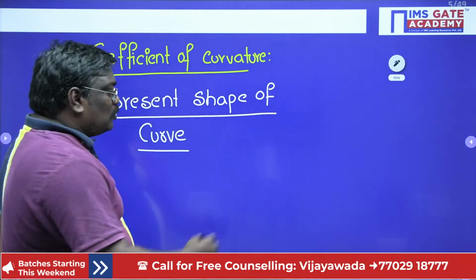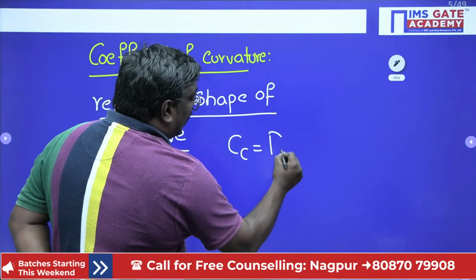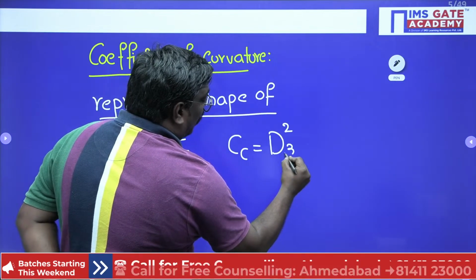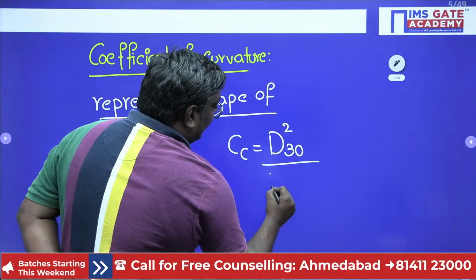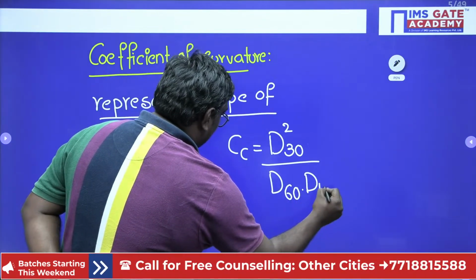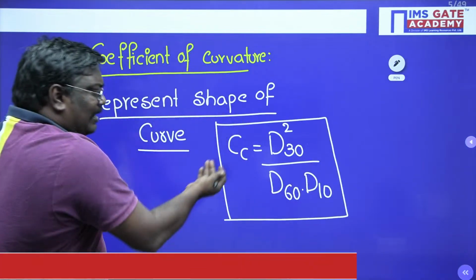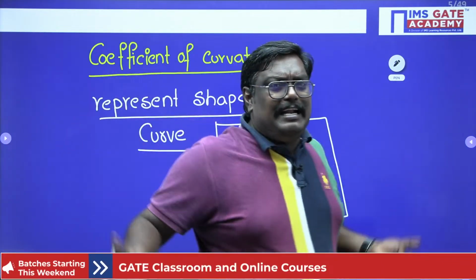Now, my dear students, the coefficient of curvature is given by the formula D30 squared upon D60 times D10. And definitely now you will ask me, sir, what are these D30, D60 and D10?